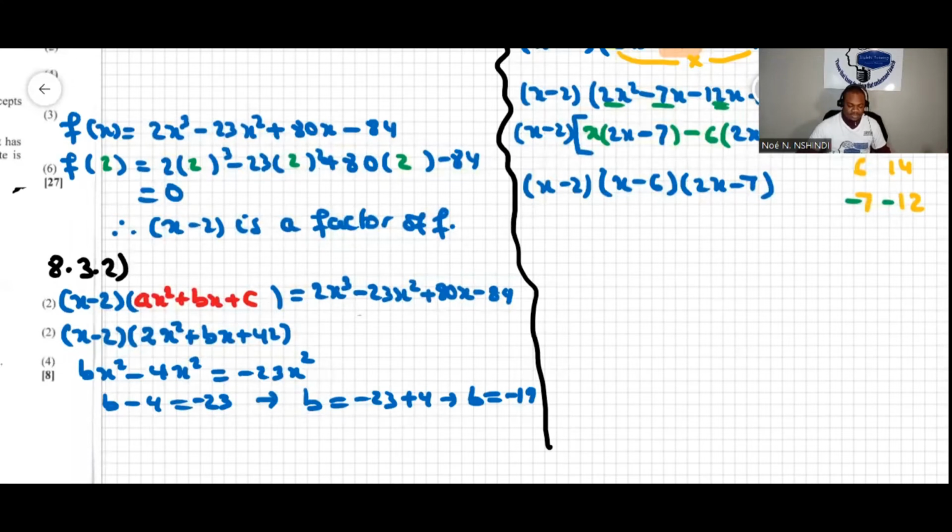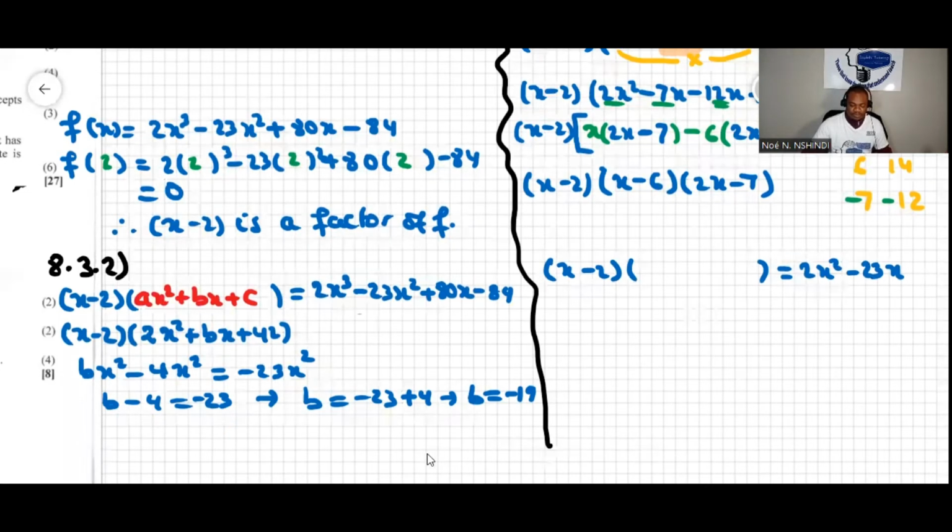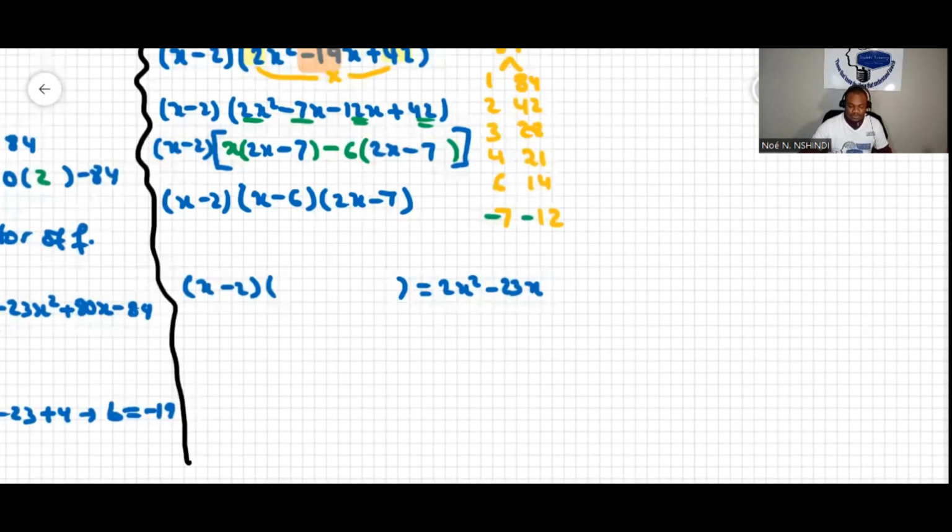That means that part x minus 2, and then 2x squared minus 23x squared plus 80x minus 84. Okay, over here we have ax squared plus bx plus c.